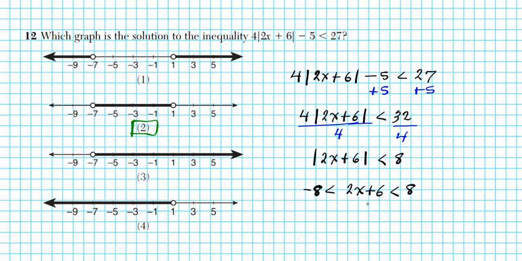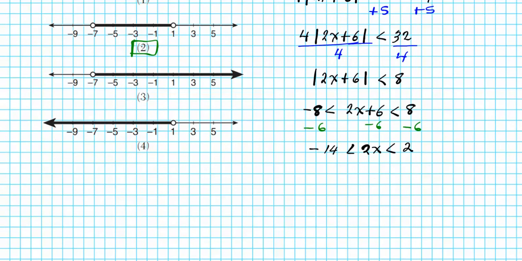We'll subtract 6 from all 3 sides. We have negative 14 is less than 2x, and 2x is less than positive 2. And then finally, to get x isolated in the center, we'll divide everything by 2.